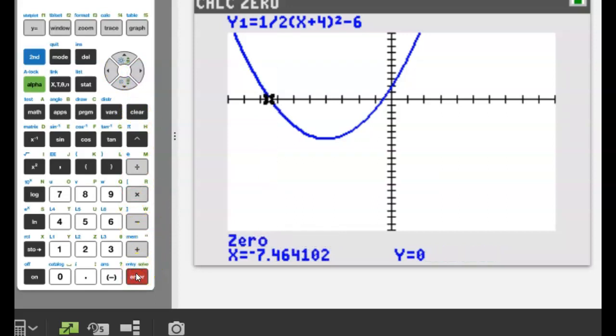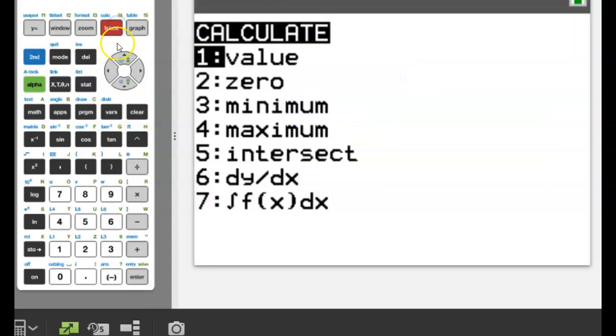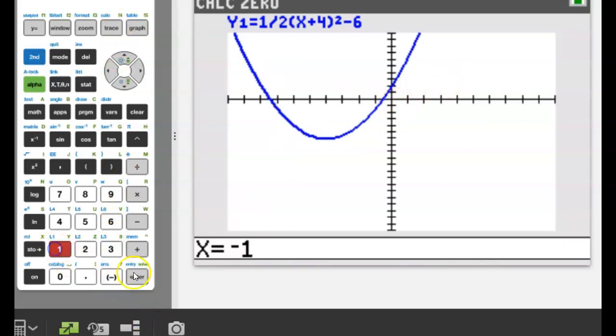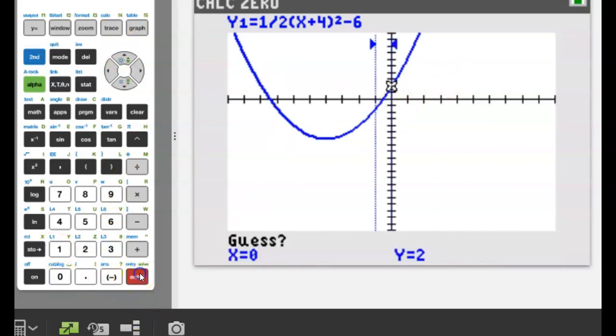I didn't go very far, but it's about negative 7.5. Okay, my method is you just type in a number. There is a 0 somewhere between -1 and 0, so I type in -1, enter 0, and -0.5.